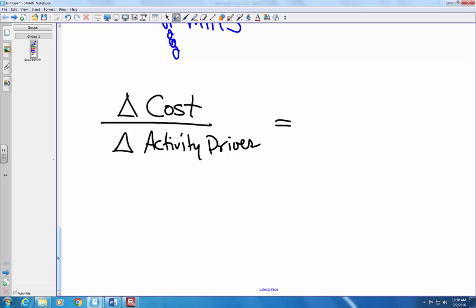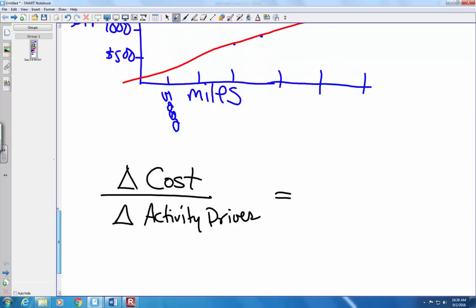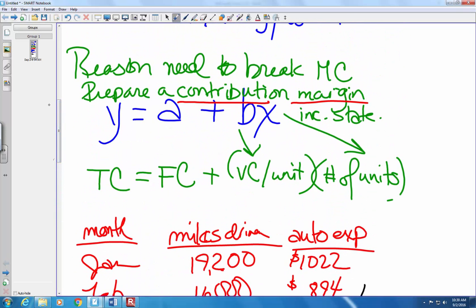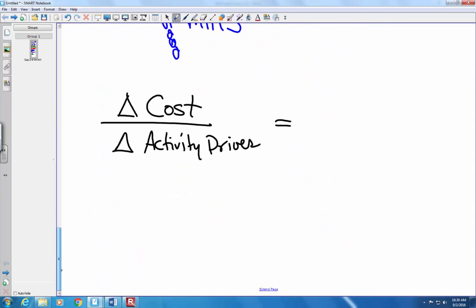Didn't I put our line as A plus BX? Yeah. So what we're going to find by that formula I just did is our B, which is the variable cost per unit.